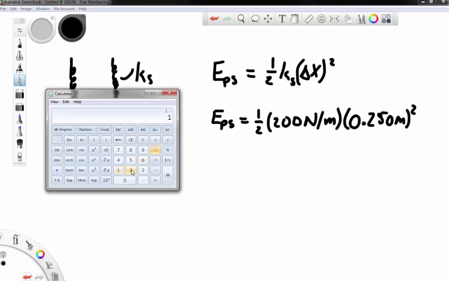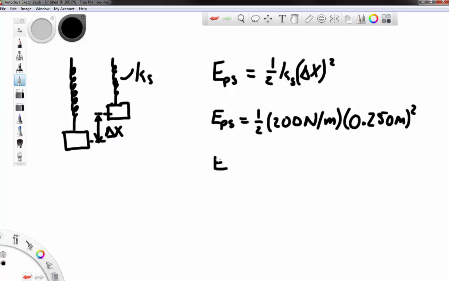So 1/2 times 200 times 0.250 squared gives us 6.25. So the potential energy of this particular spring is 6.25 joules.